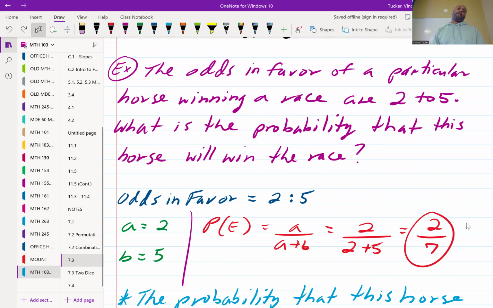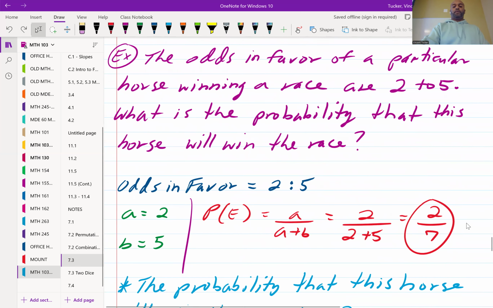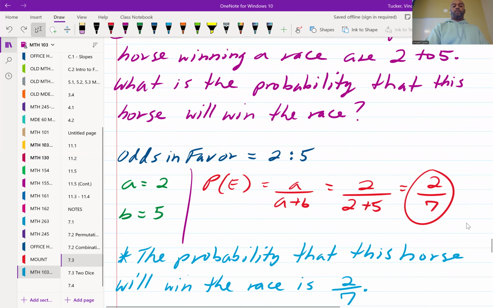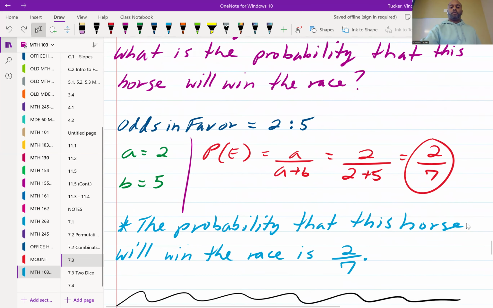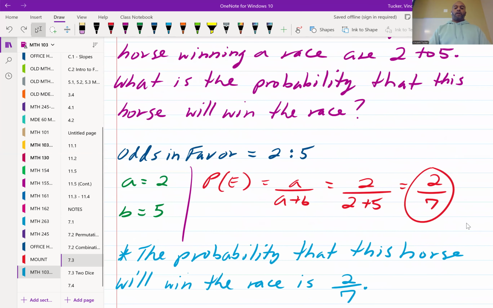It's 2 to 5, so A is 2, B is 5. Then we plug it into the formula to calculate the actual probability of winning. That would be 2 over 2 plus 5, which is 2 over 7. So the probability of this horse winning is 2 over 7.